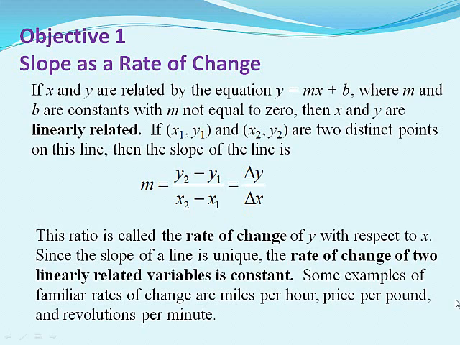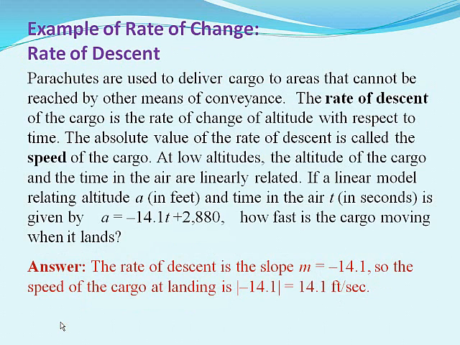Since the slope of a line is unique, the rate of change of two linearly related variables is constant. Some examples of familiar rates of change are miles per hour, price per pound, and revolutions per minute. Example of rate of change. Rate of descent.